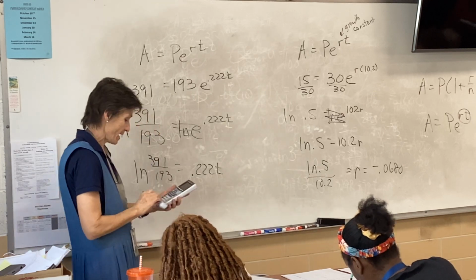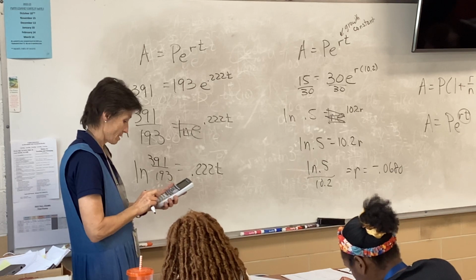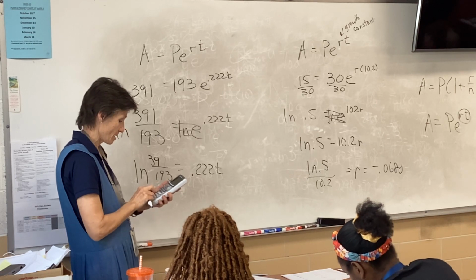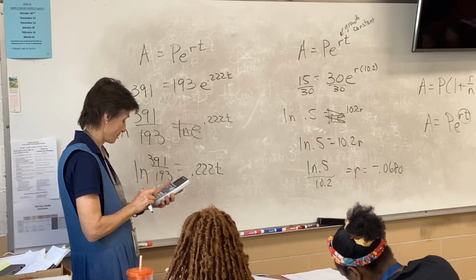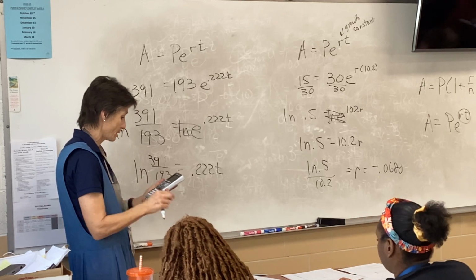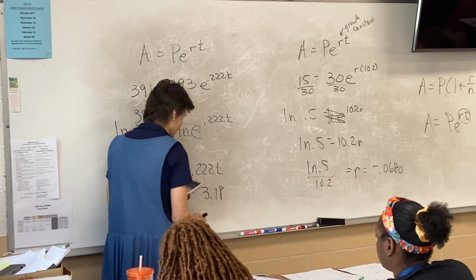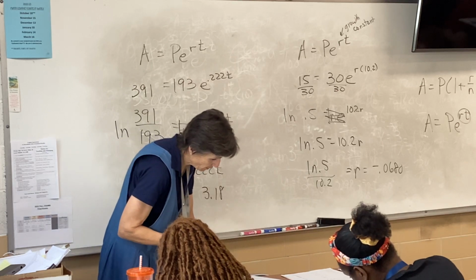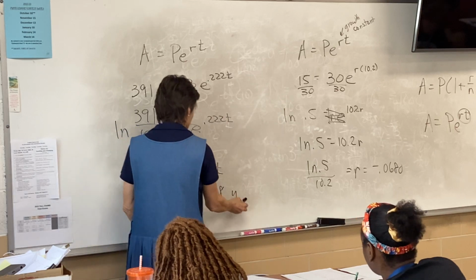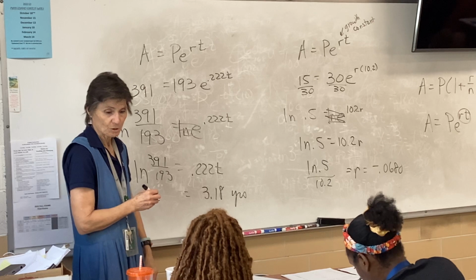And then ln that and divide by 0.222. Did you get 3.18? I guess it doesn't tell me. Let me see years. It's a time, months, days, something. Is that what you got?